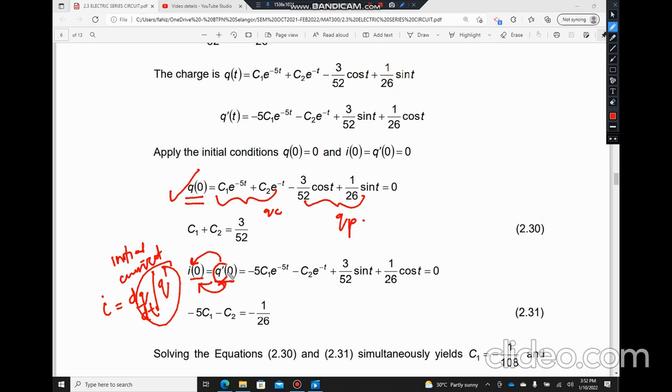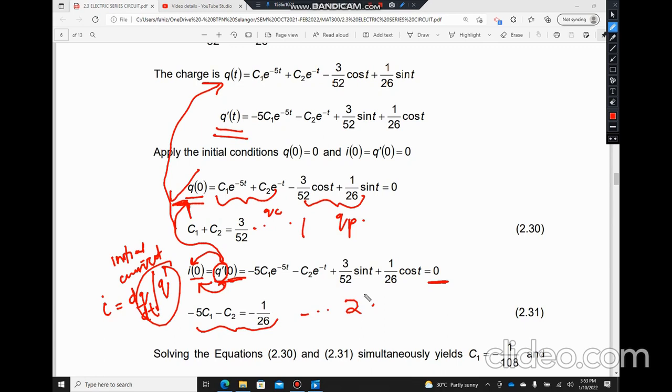So dari mana kita nak dapatkan Q prime? Kita boleh ambil daripada step ni. Kita dah ada Q kan? Sini. So that's why kat sini kita cari Q prime. Okay, so Q prime when t equals to 0, Q equals to 0. So just substitute here. Okay, so you solve the simultaneous equation. Ni dapat equation 1, equation 2.